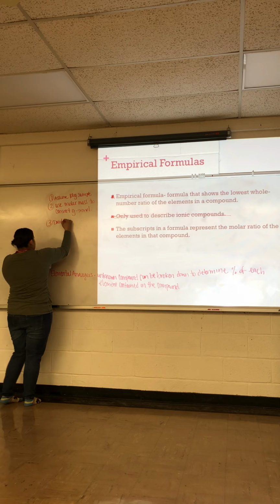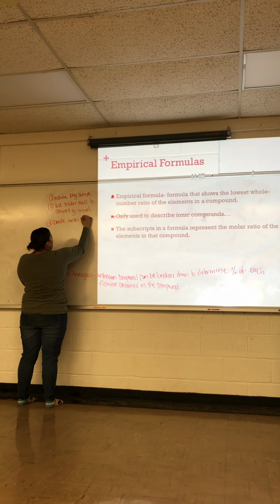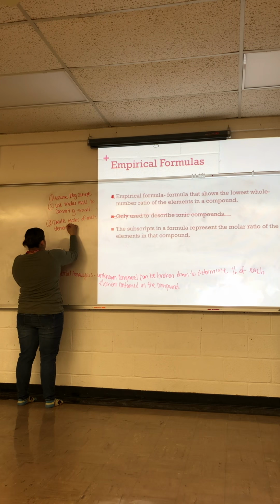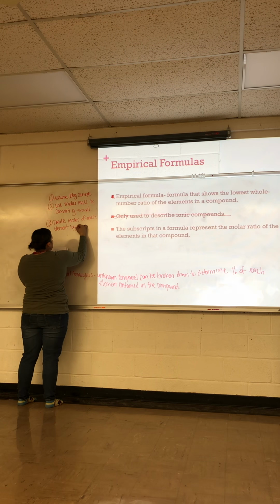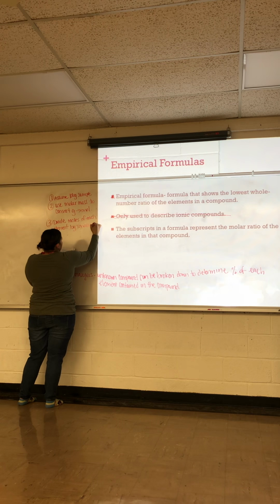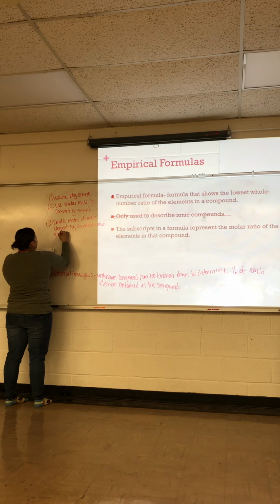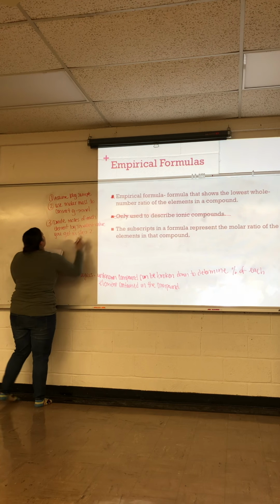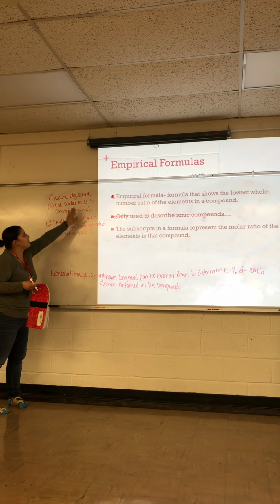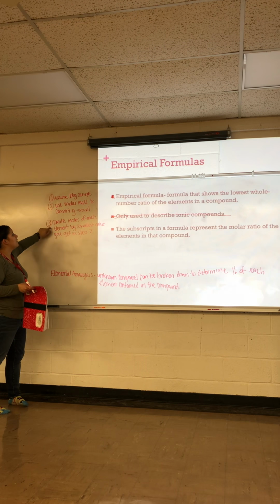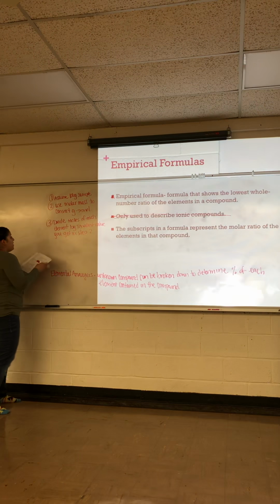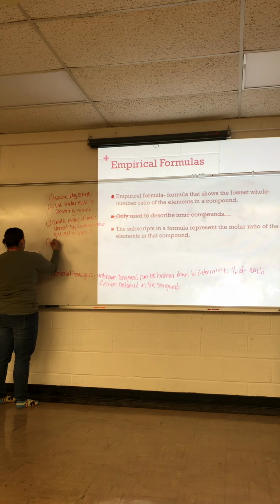You're going to divide the moles of each element by the smallest value you get from step 2. So again, you go from grams to moles, and whatever the smallest value is, you divide the moles of each element by that smallest value you get in step 2.